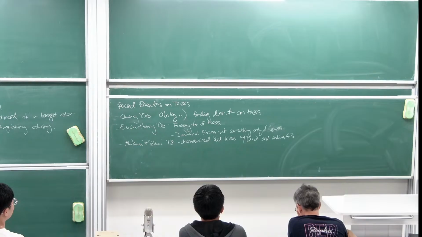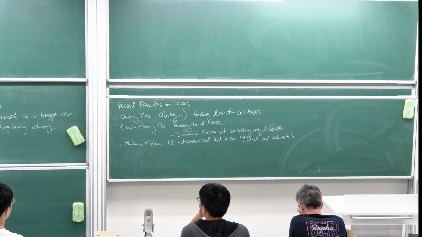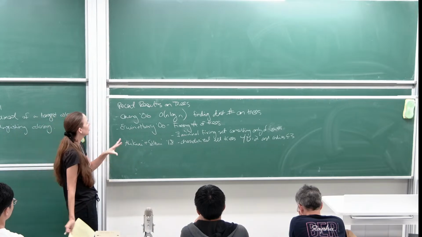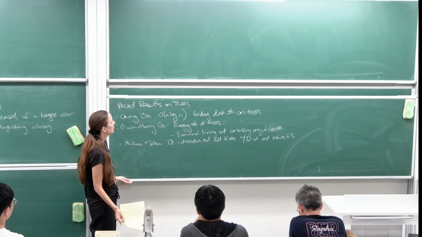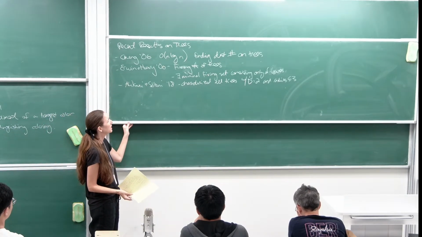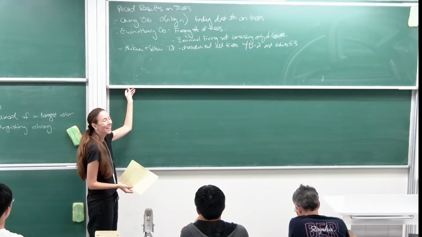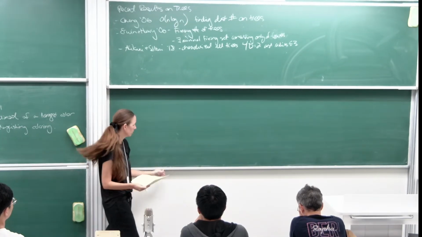Okay, and so what we wanted to do, again, is consider relationships between the two and say, okay, in the setting of trees, suppose I know one of these parameters, can I say something about the other?